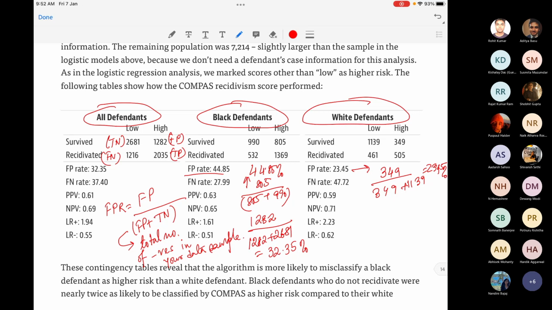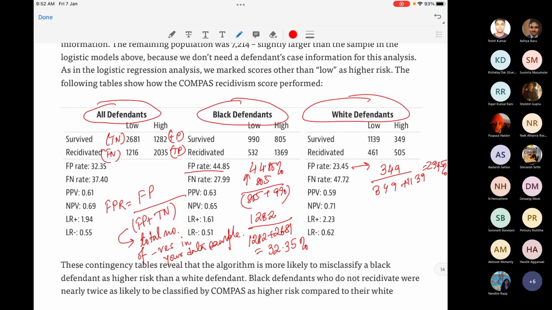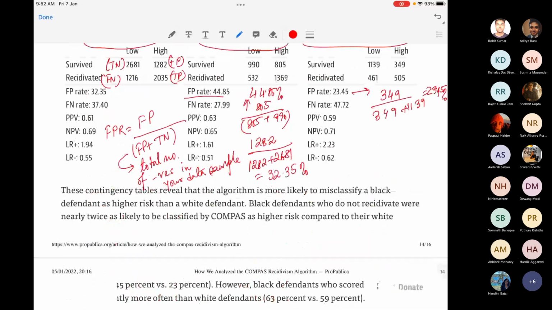The other part is also very interesting. Now, if we compute the false negative rate, what is the false negative rate? False negatives divided by true positives plus false negatives.